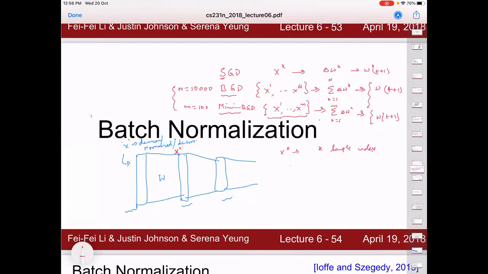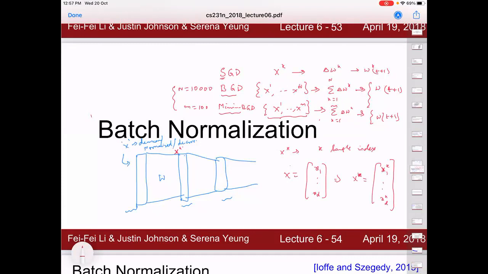Please note that x itself is a vector, so it may have several components, xk1 to xkd. For the k-th sample, we have d features, and you have several such samples, right?